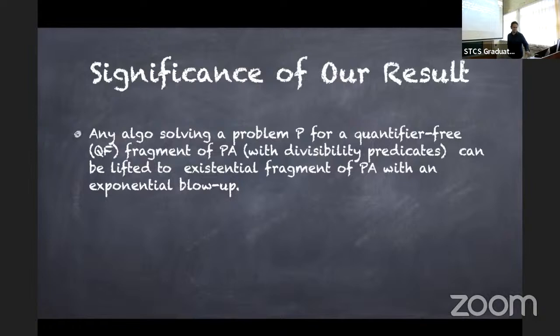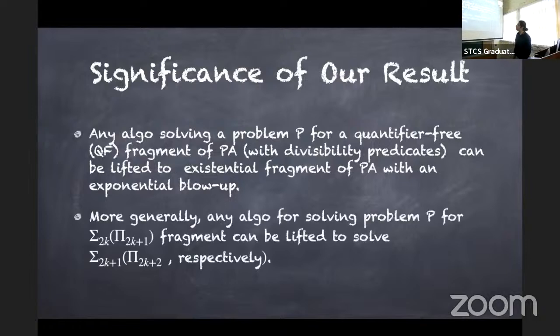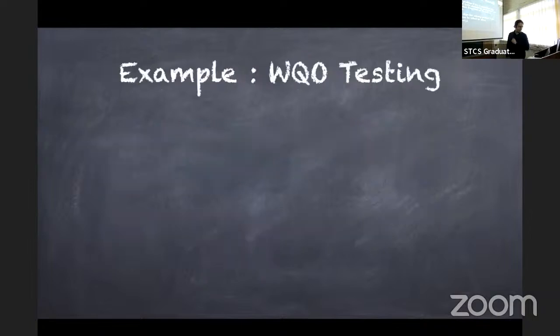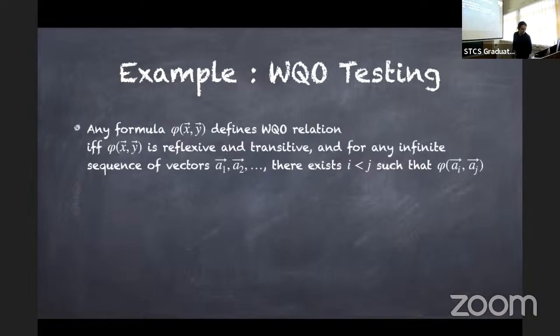To be precise, more generally, any algorithm for solving a problem P with the sigma 2k or pi 2k plus 1 fragment, where sigma 2k is exists star, for all star, exists star, for all star, and pi is for all star, exists star, can be lifted to solve sigma 2k. And for example, we use our result to show the following.